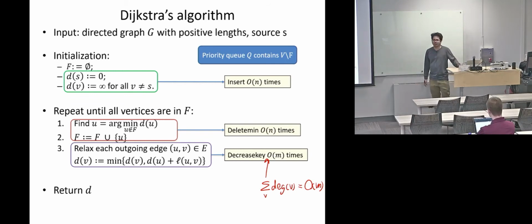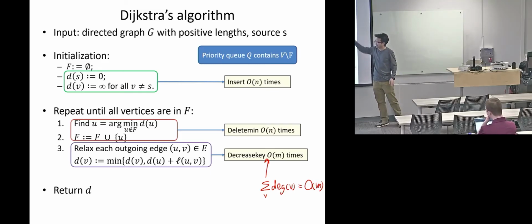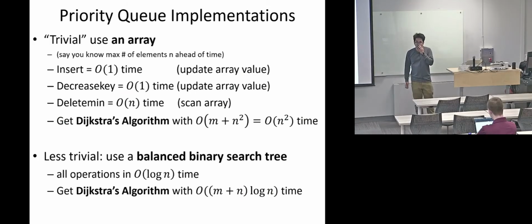Now it's just to finalize the running time. We've counted how many times we call each operation, so now it's just about how fast you can implement each of these operations. There is a trivial way to implement a priority queue, which is to use an array.